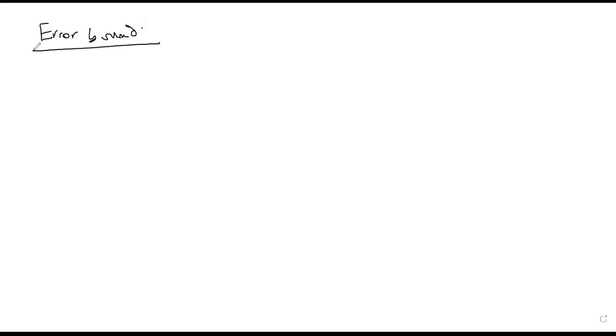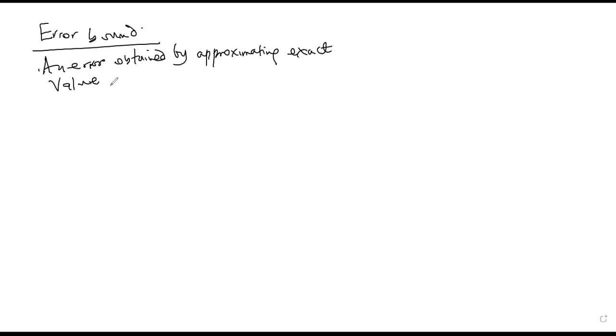When we say an error bound, this is an error obtained by approximating the exact value by an inexact value. So that is what we call the error bound.